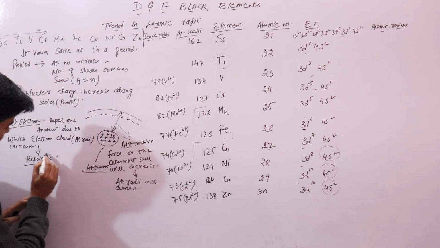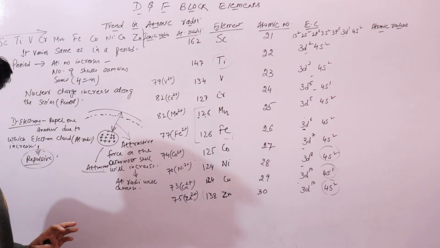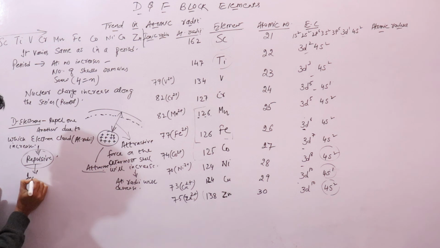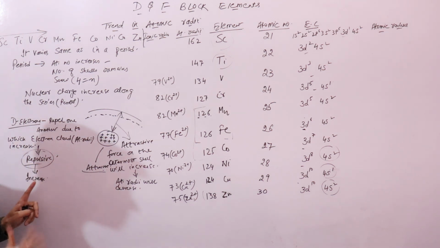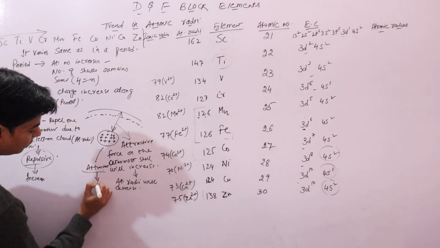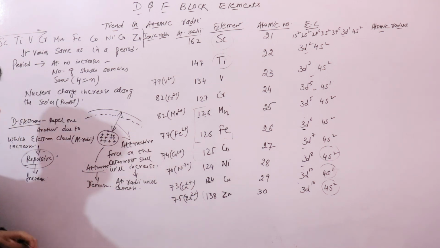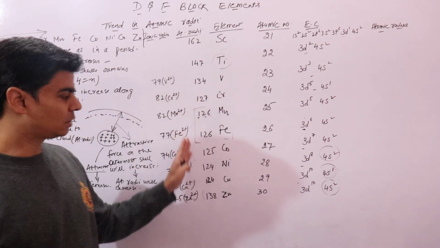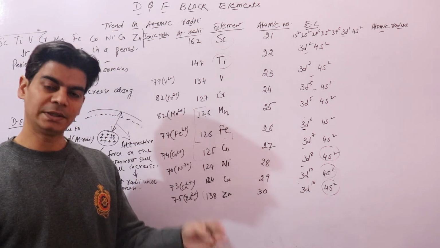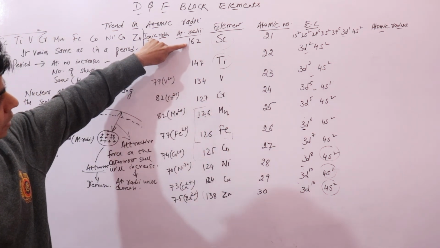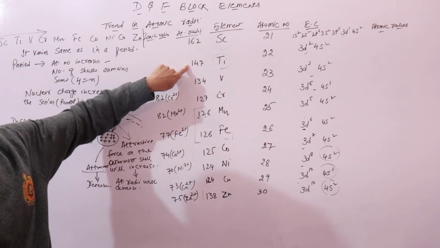So because the number of d electrons is increasing, this repulsive force will keep increasing, right? And due to this increasing repulsive force, this attractive force will keep decreasing, right? That is why the decrease in atomic radii is getting lessened, right? Decrease here, if you see, 160 to 147.